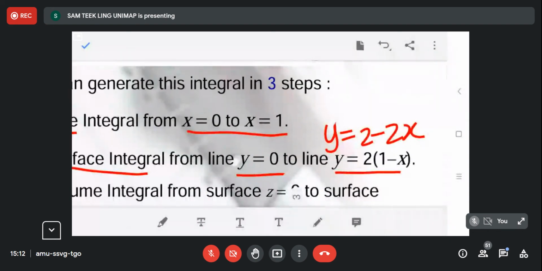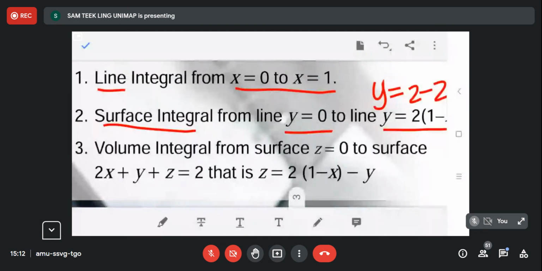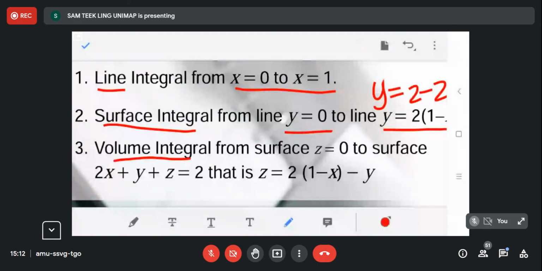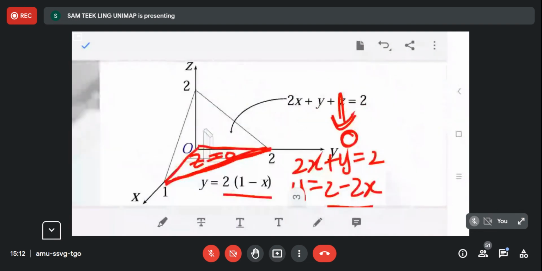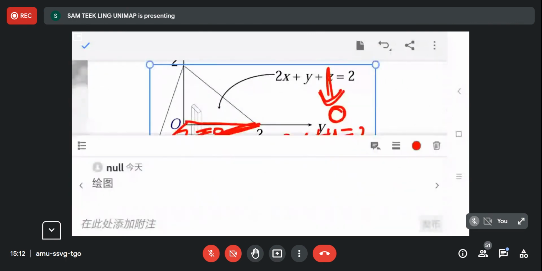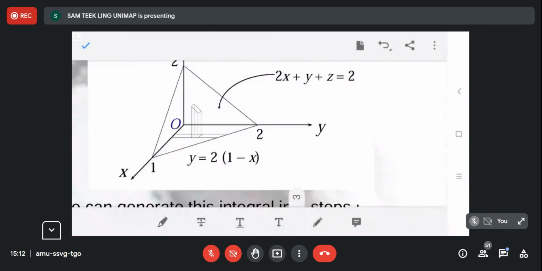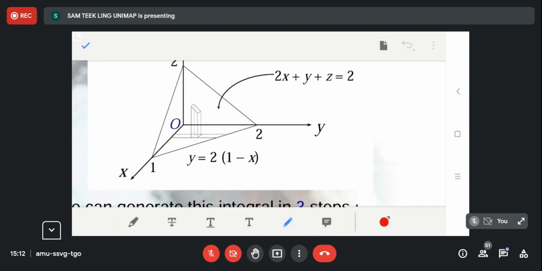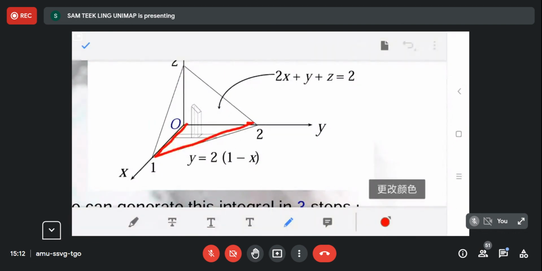So the last one, the volume integral. We know our z starts at 0. So you can see here, our z starts at 0, this plane, and ending is this one.